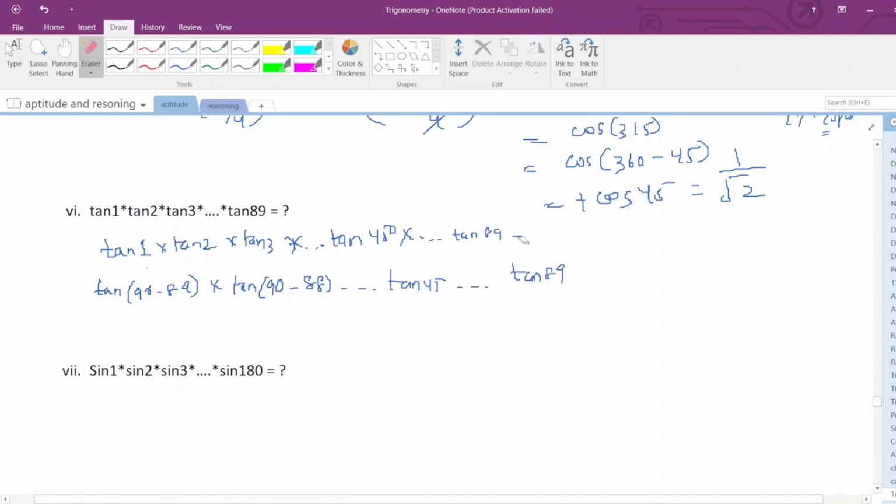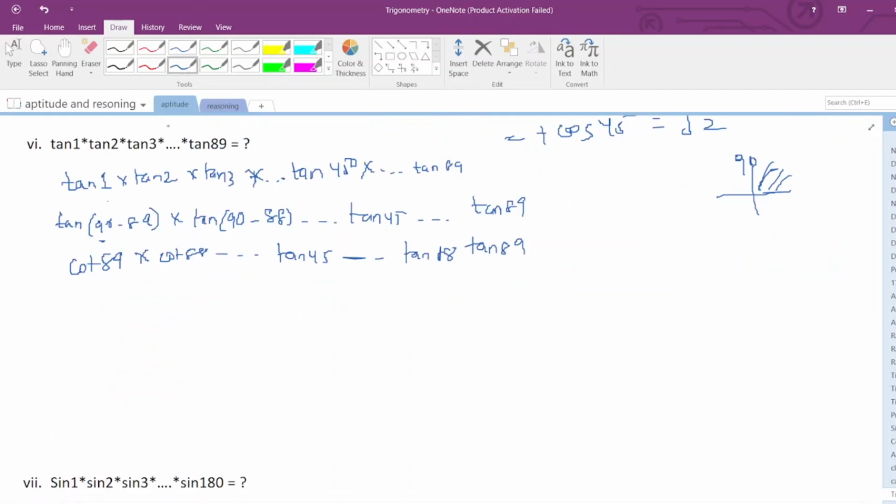So tan (90 minus 89), that is tan (90 minus theta). Here 90 minus theta is in the first quadrant, so for 90, tan becomes cot, so it becomes cot theta, and it stays positive because it is the first quadrant. In the same way cot 88, and so on, tan 45, and so on tan 88 and tan 89, right?